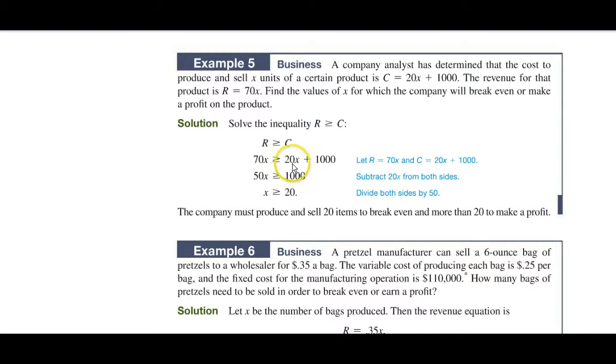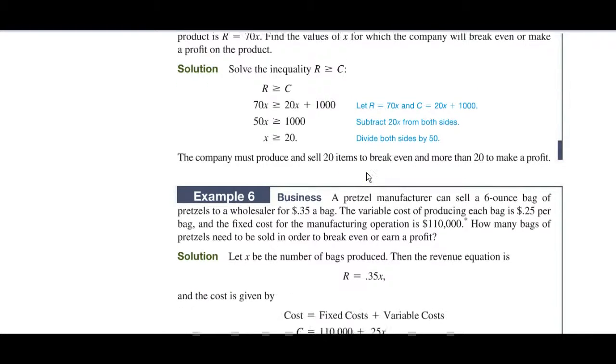So we subtract 20x from both sides, divide by 50, so you would have to sell 20 items or more in order to break even or to make a profit.